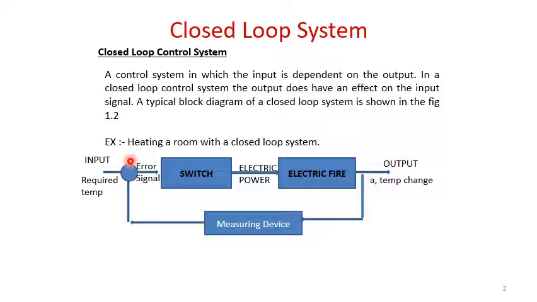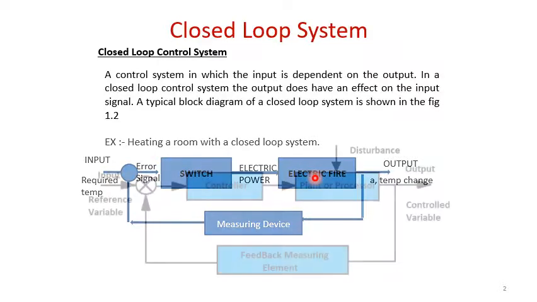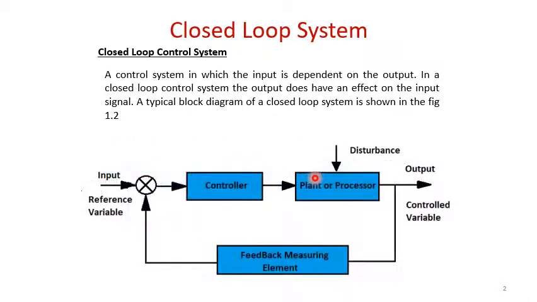Whatever error there is in the signal is going to trigger the switch, and in turn the controller is going to give power to the electric wire. So this is how the closed loop system works.